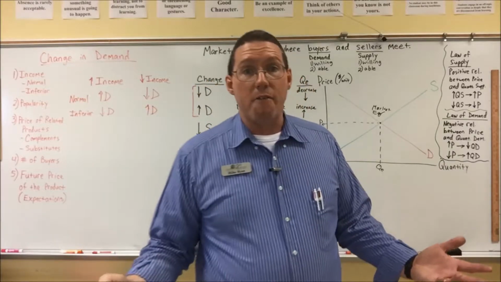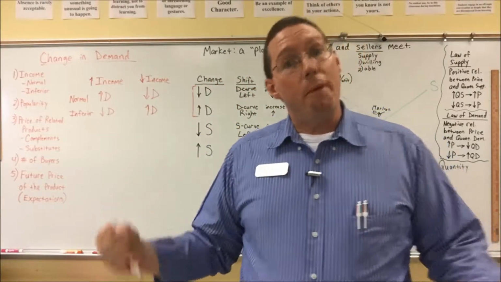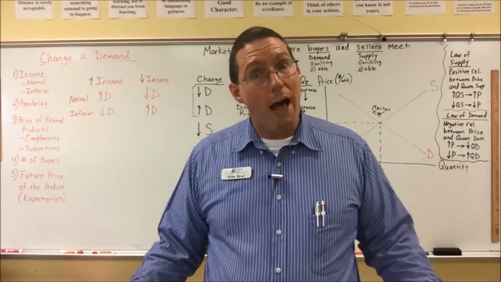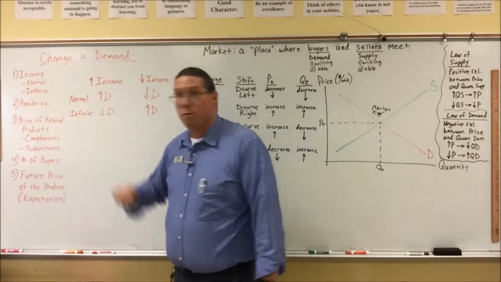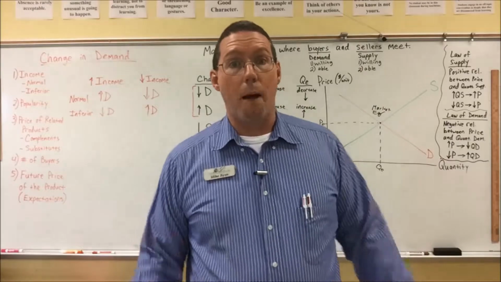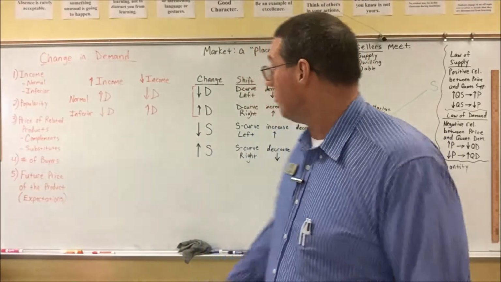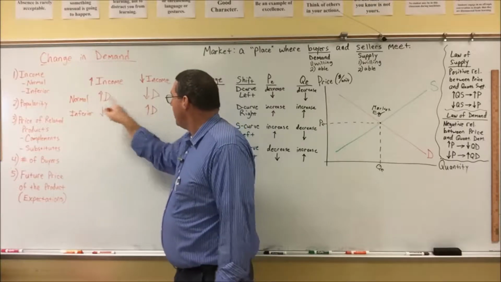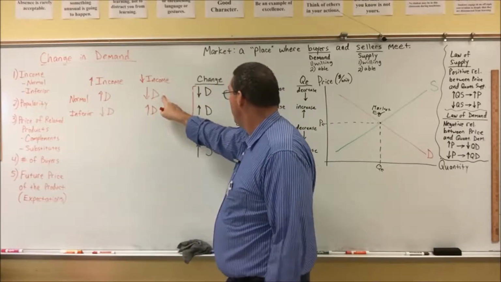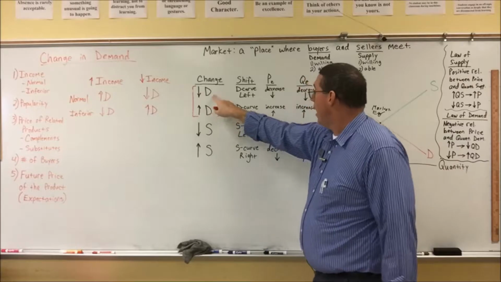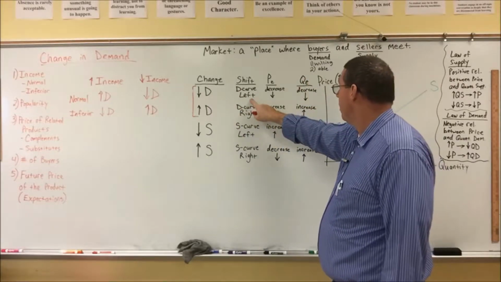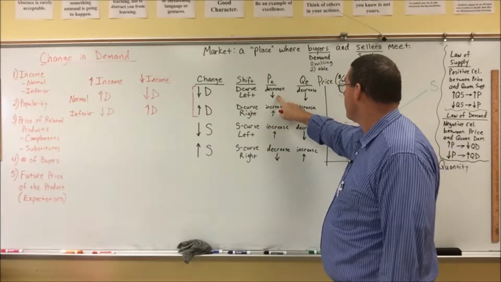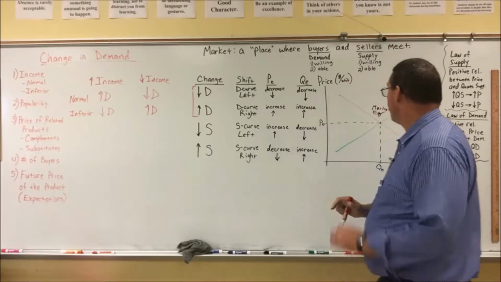So when people don't have as much money, there are still businesses that are going to be doing very well. For example, the businesses that produce and sell inferior goods, they're probably going to make lots of money. And so, when incomes go down, demand for normal goods goes down, which is going to result in a left shift of the demand curve, a decrease in equilibrium price, and a decrease in equilibrium quantity.